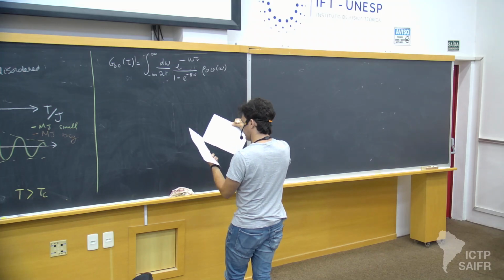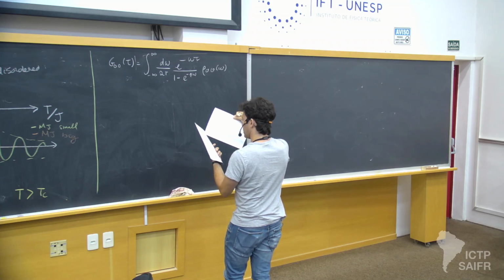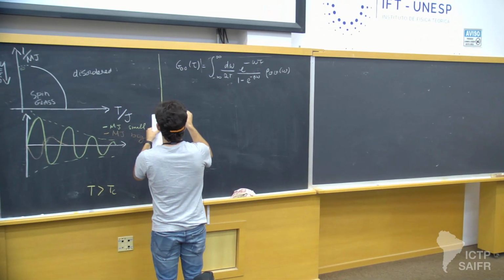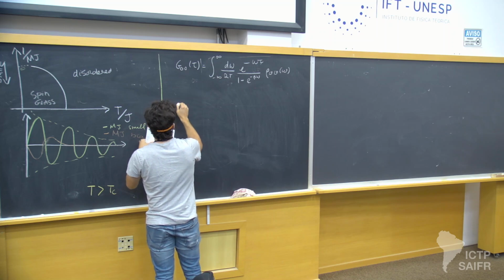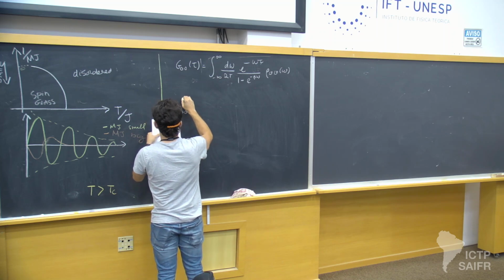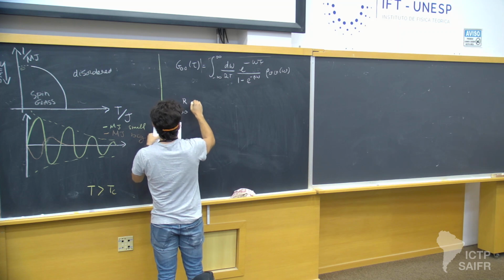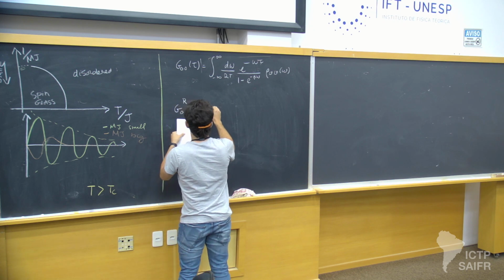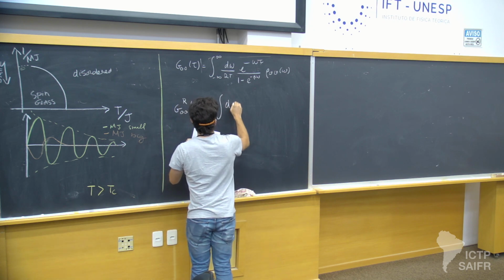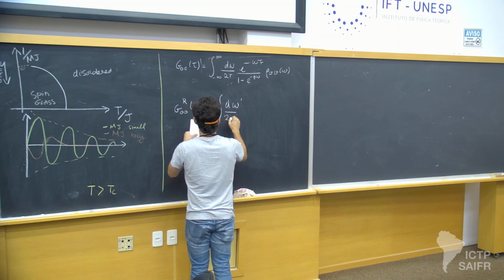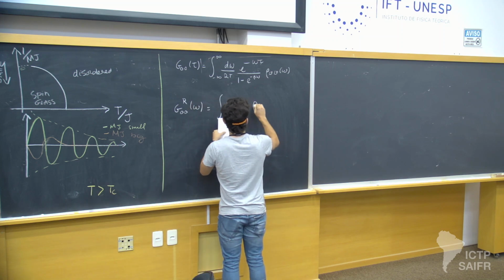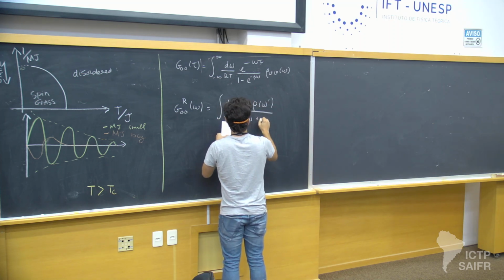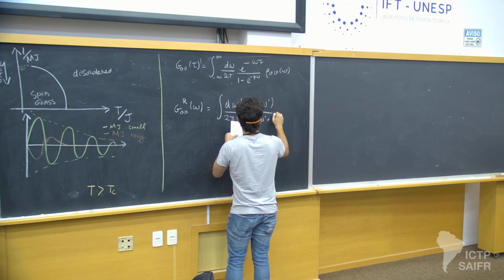I also mentioned that the retarded correlation function as a function of omega, you could write as the integral of d omega prime over 2 pi, rho of omega prime, divided by omega plus omega prime plus i epsilon.